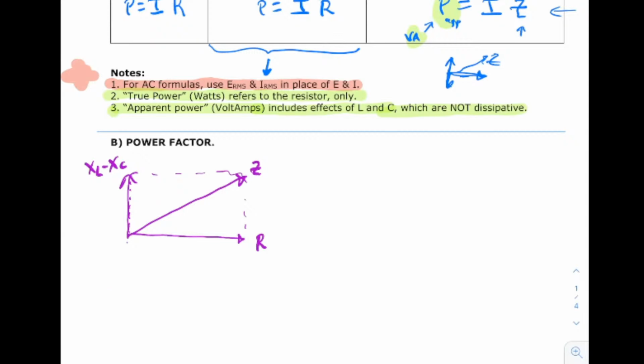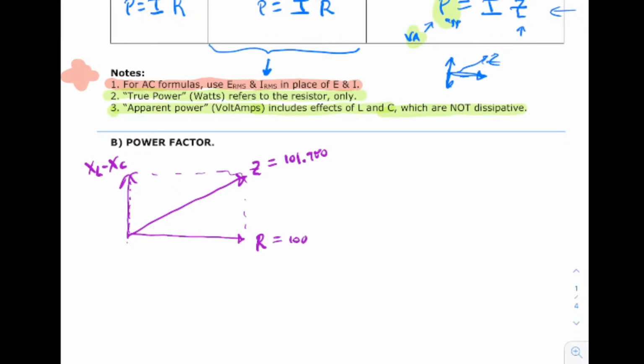Here's the thing. Z is big. In our case, it was 101.980. And the resistor was 100, right?